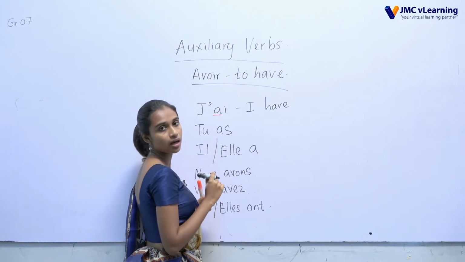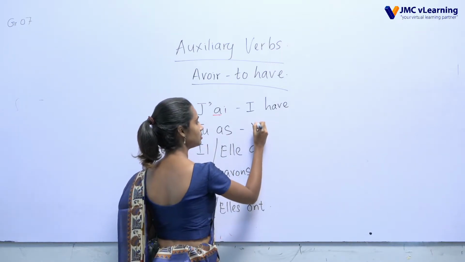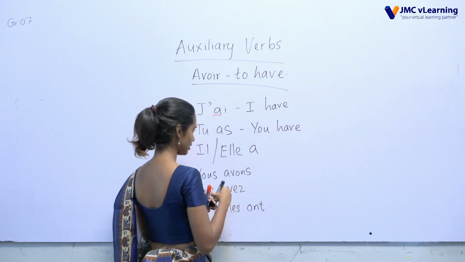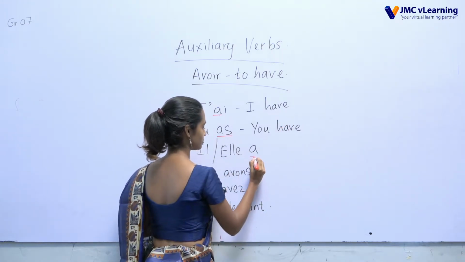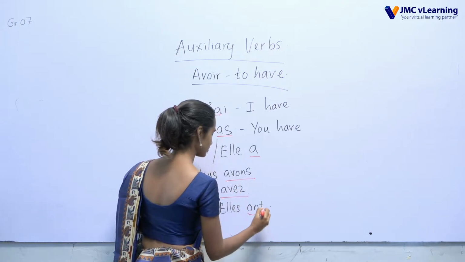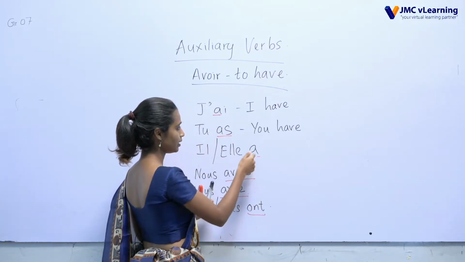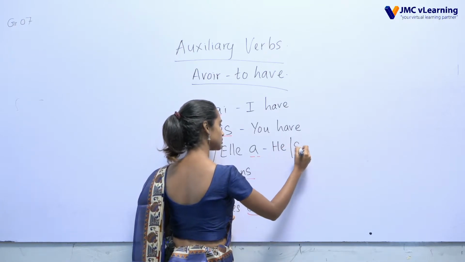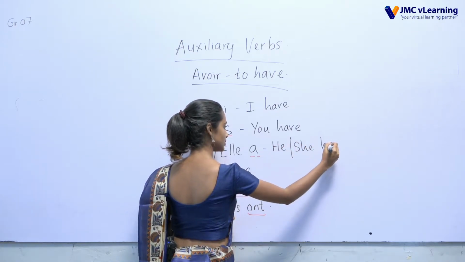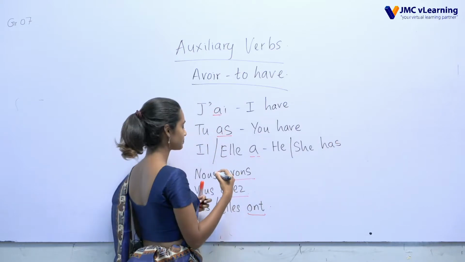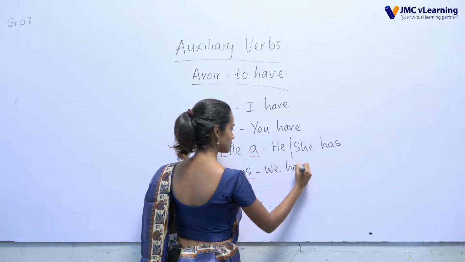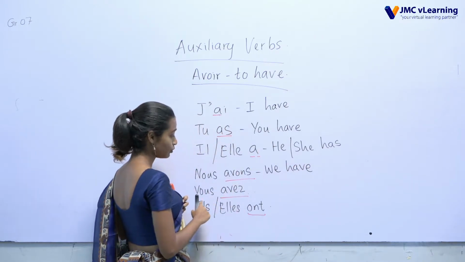Okay. Tu as. You have. Il or elle a. He or she has. Nous avons. We have. Vous avez.